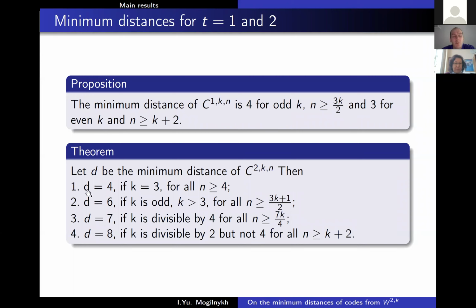Then the minimum distance is 4 if K is 3. In all other cases, it is greater than 4. It is 6 for odd K, 7 for all K divisible by 4, and the minimum distance is 8 when K is divisible by 2 but not by 4.